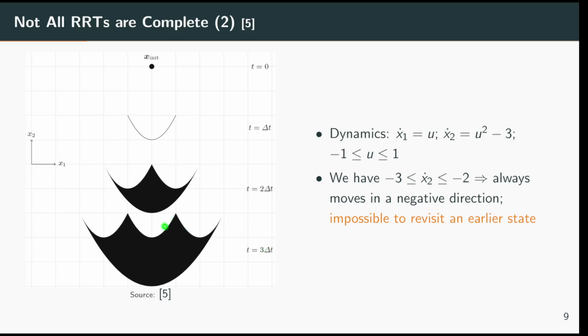And after 3 time steps, it's the same, an even more interesting shape. Maybe what's important to note is that you can never go back. When you start at 0 here, in x2 you're maybe at 0, but because your x2 dot is always negative, then at the next time step you're down here, right? And there's no overlap in these different time steps. Not super intuitive for robots, where you have some sort of taking back, right?